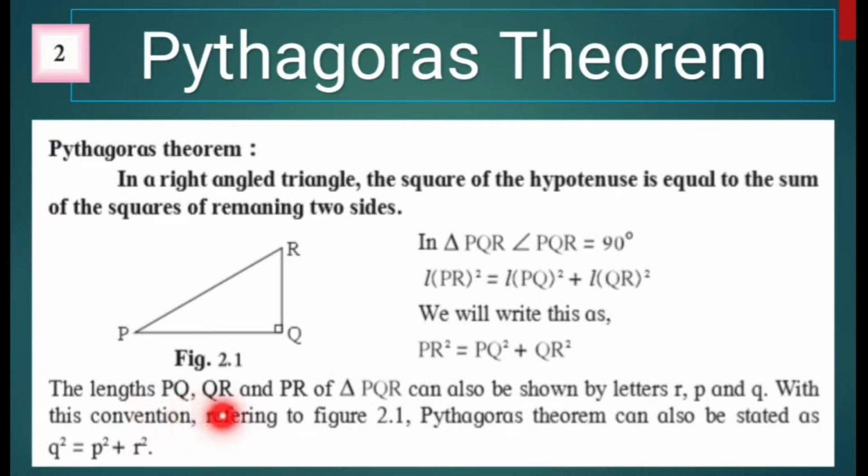The lengths capital PQ, capital QR, capital PR of triangle PQR can also be shown by the letters small p, small q and small r.